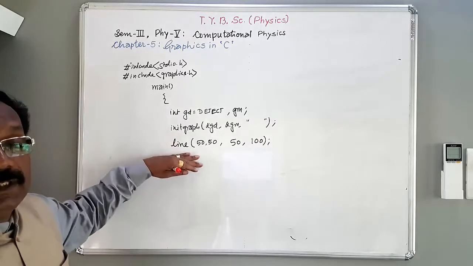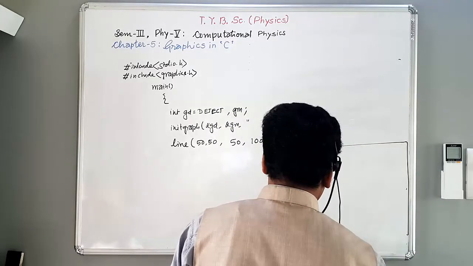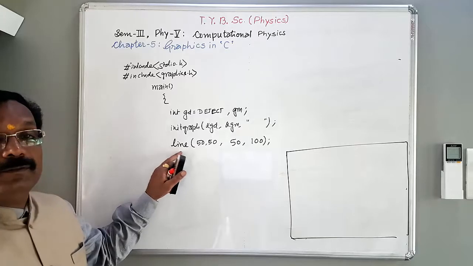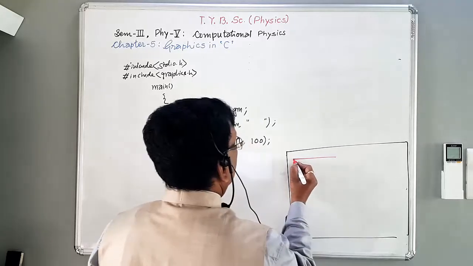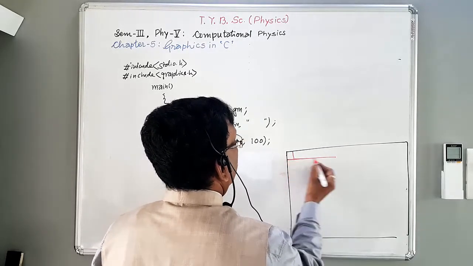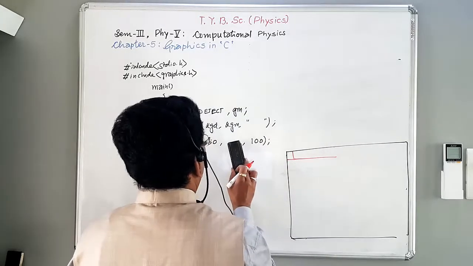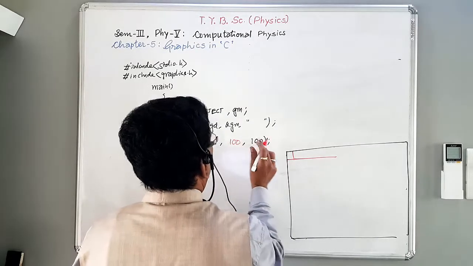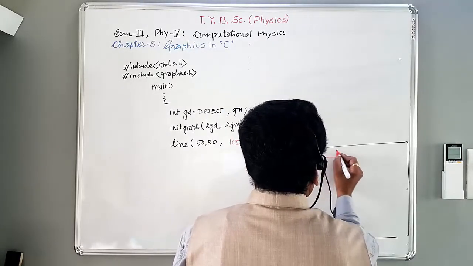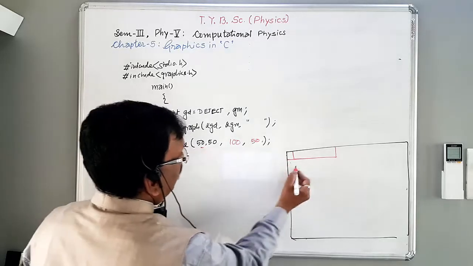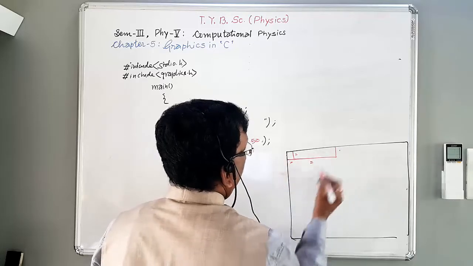Okay. With the help of this, suppose this is a computer screen, and by using this function we get the line here like this, whose x coordinate is 50, y coordinate is 50, then x coordinate 100 and y coordinate 50.